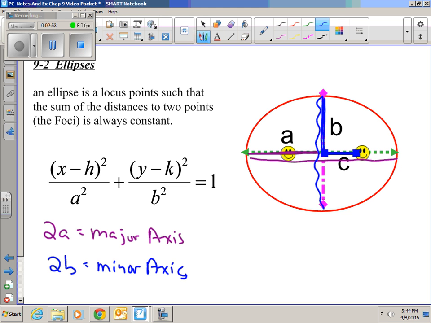And c, the distance c, we'll do that in yellow, goes from the center point to the focus. That's called c. 2c, of course, would be the distance from focus to focus.